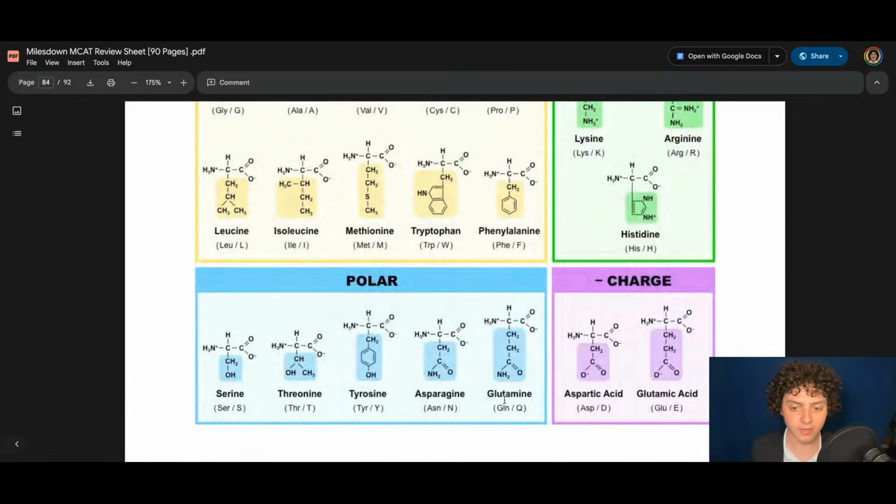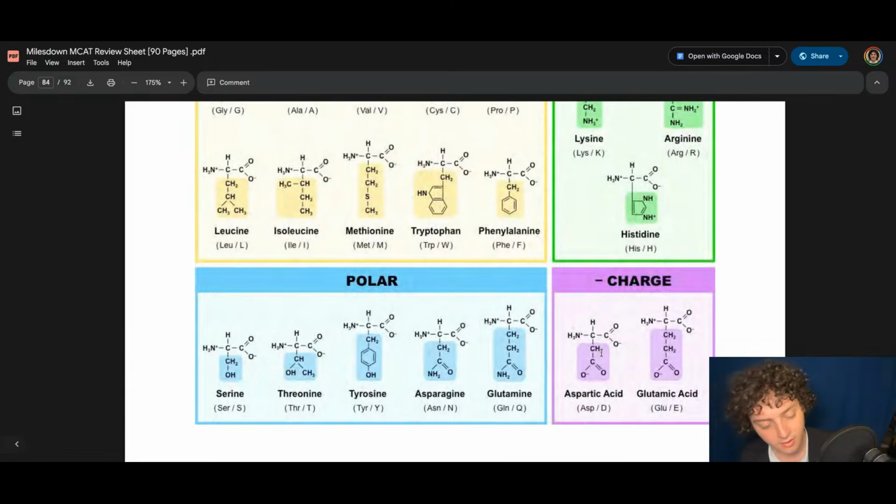Rounding that out, glutamine is the amino acid with the amide group and two CH2 groups between that amide group and the alpha carbon. The final category of amino acids, as shown in this diagram, is the negatively charged amino acids. These amino acids are such because they have R groups that have lost a positive charge in the form of losing a proton, or an H+.